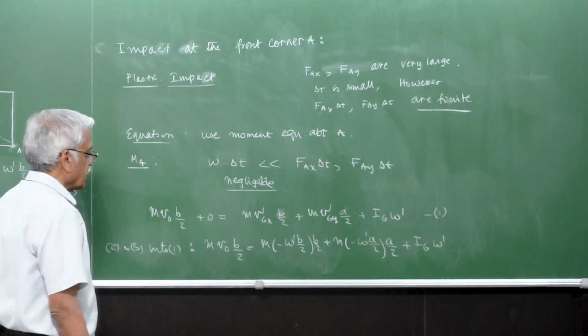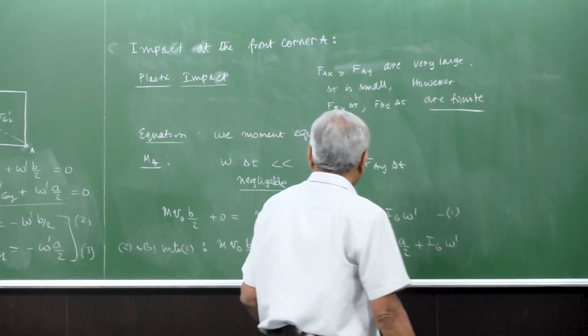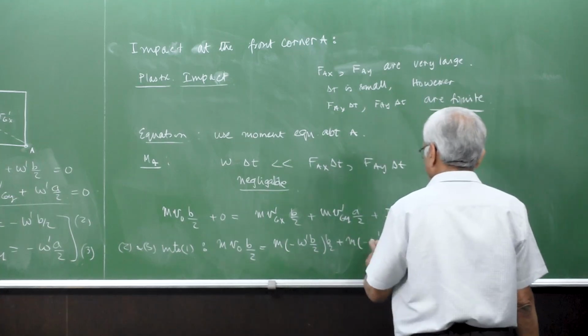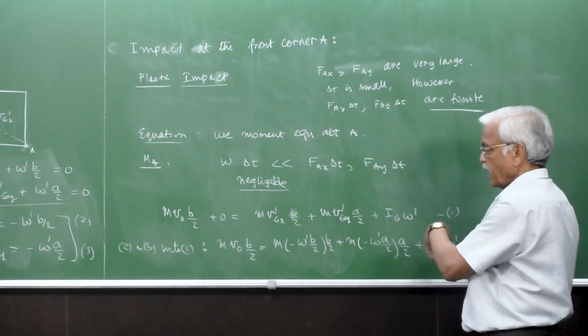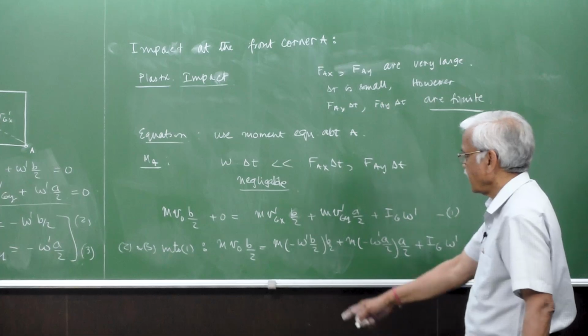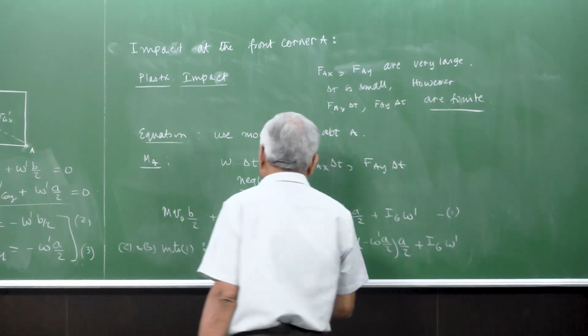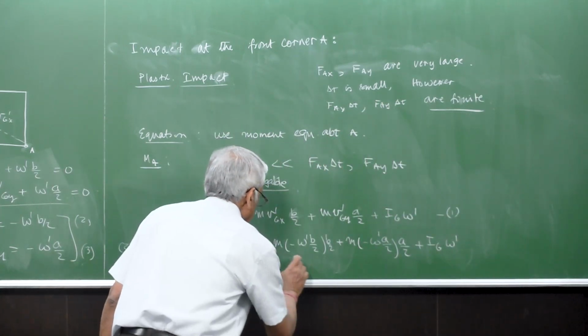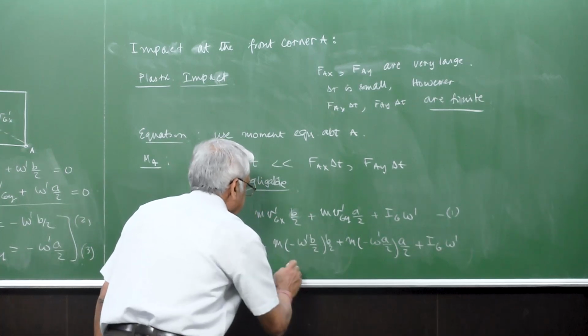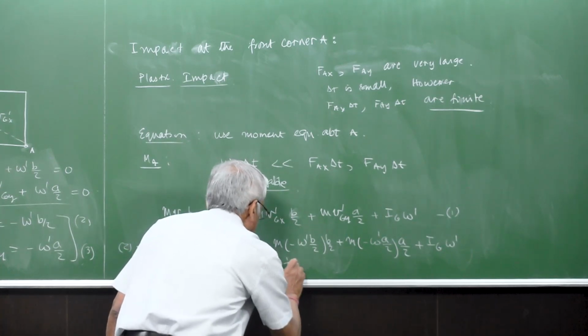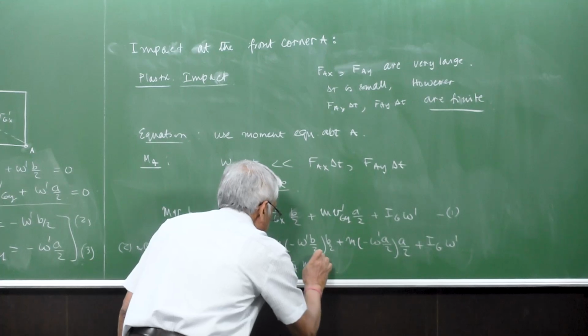So in this equation you can see that we have only omega prime, and that's the only unknown, so you can take omega prime out, so it's 1/4 mv square, 1/4 ma square.